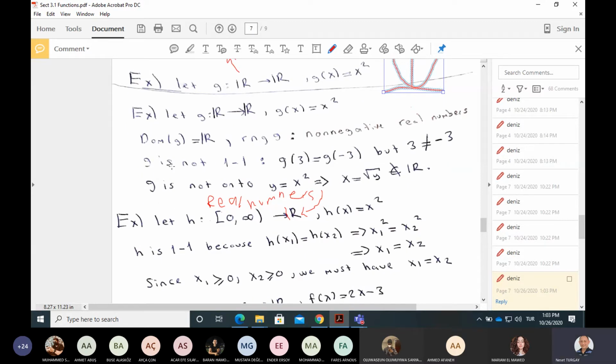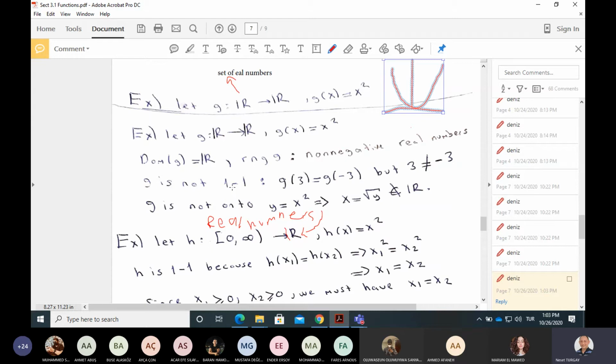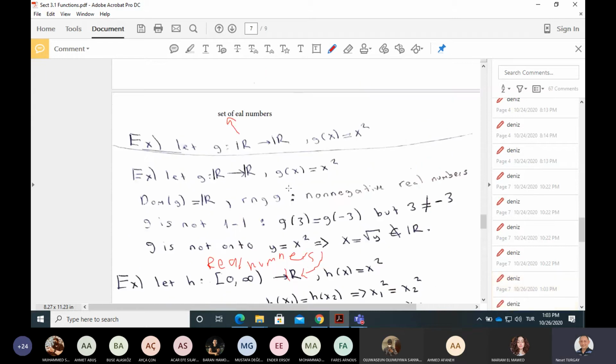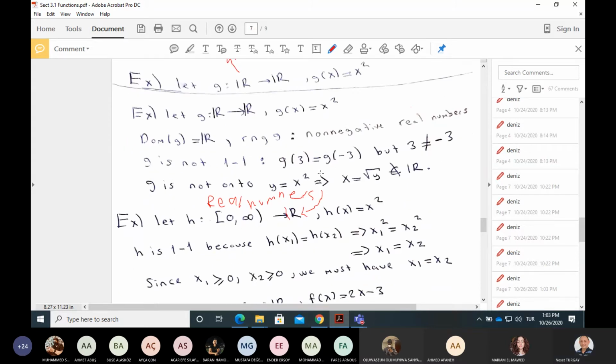My friend, g is not 1-to-1. g is not 1-to-1 because take g of 3 and g of minus 3. g of 3 is equal to g of minus 3, but 3 is not equal to minus 3. So it's not 1-to-1. g is not onto.